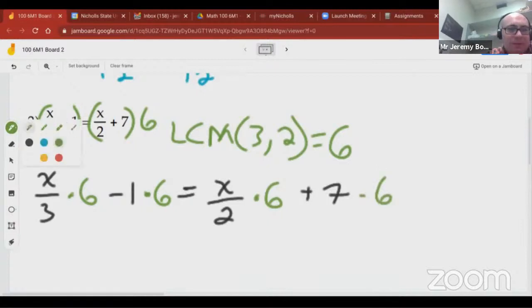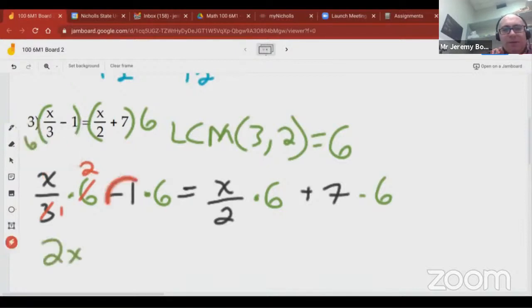Now what's going to happen? Well, let's see. Here the 3 and the 6 will reduce. The 3 would be a 1. The 6 would become a 2. So we're going to have a 2 times x left. That's going to give us 2x. Here we're going to have negative 1 times 6. Not much to do there. It's just going to be minus 6.